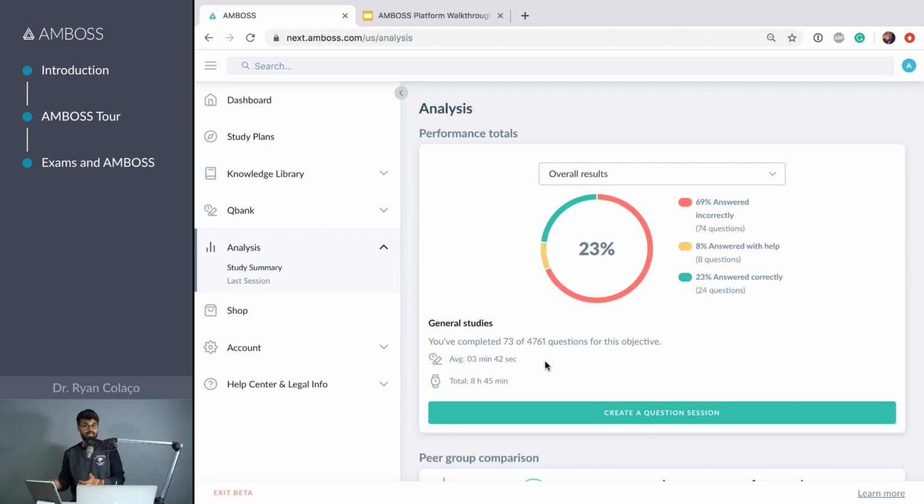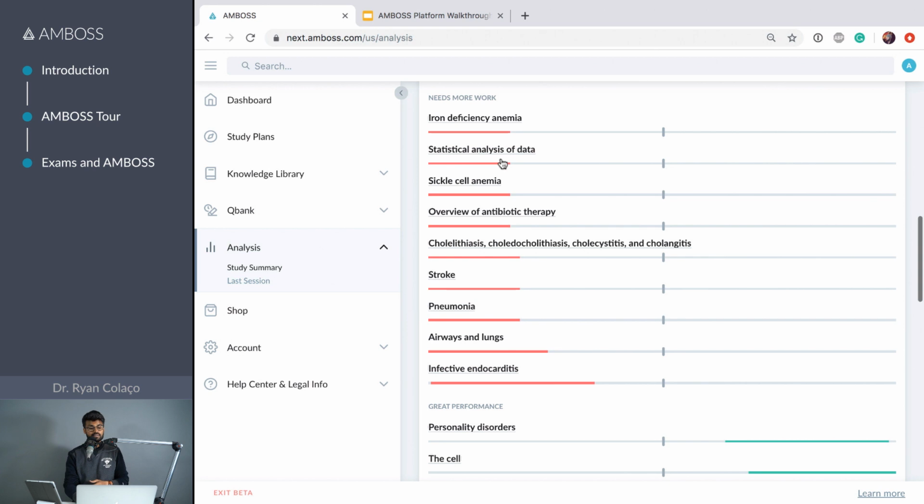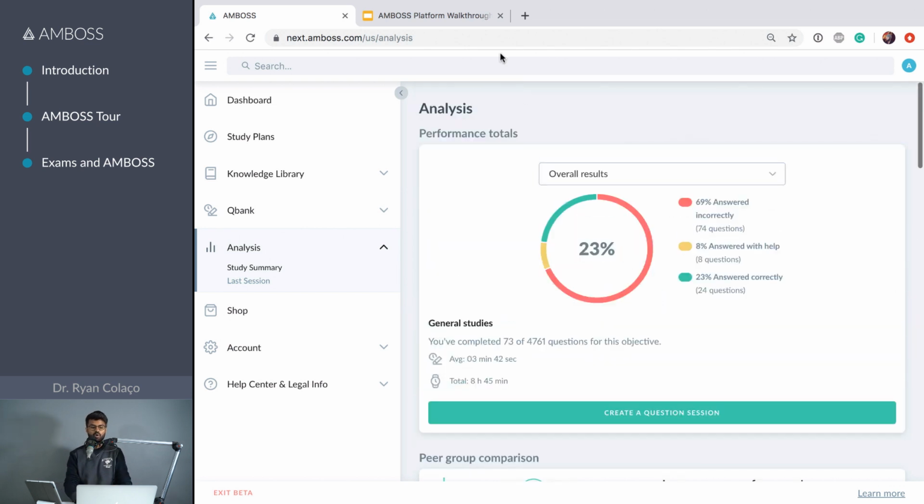And if you get it right, it logs it as your strength. Based on these weaknesses and strengths, AMBOSS will tell you exactly what it is that you need to study. And this, in general, is super, super helpful, because you are not just studying or wasting time reading things that you already know.